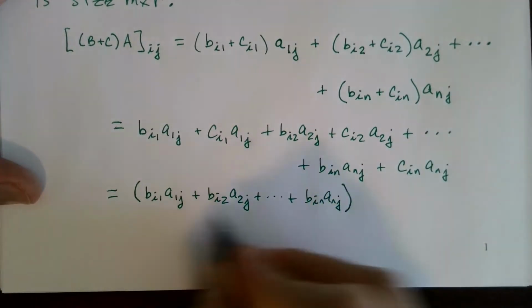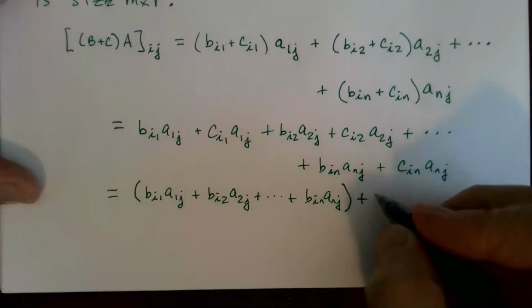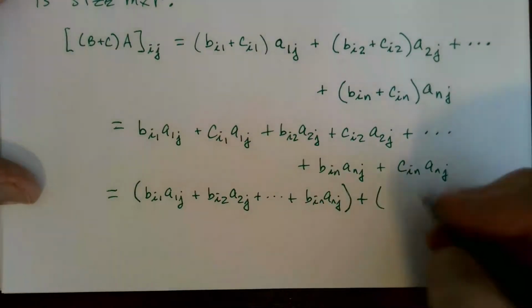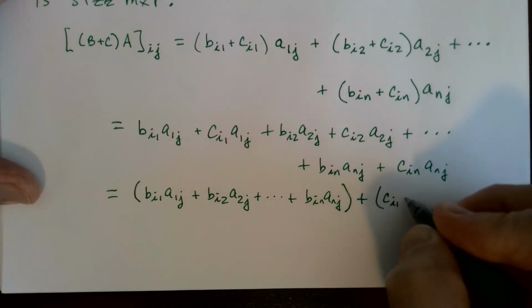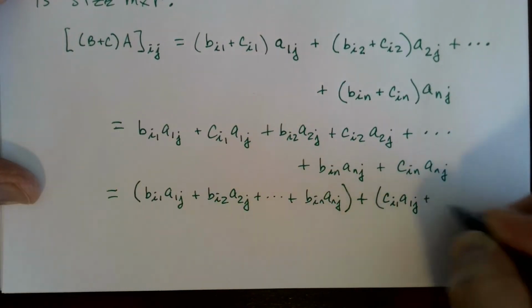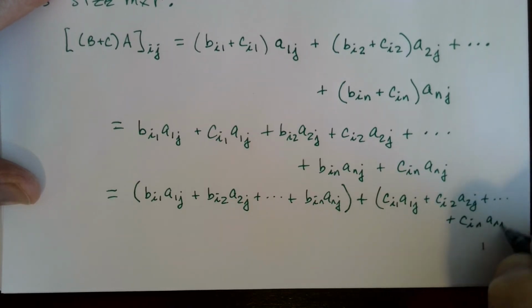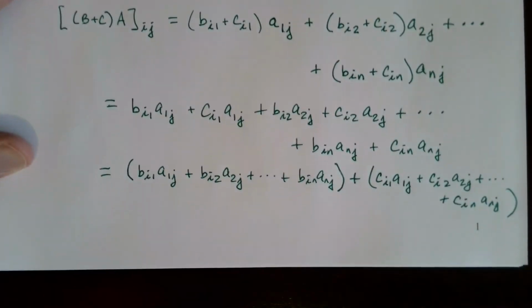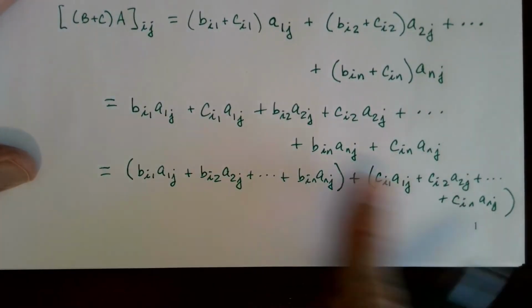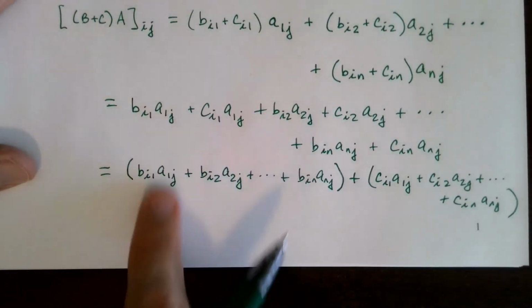Okay, so I kind of grouped all those together, plus the other group, which is just the CA combinations, if you will: CI1A1J plus CI2A2J plus dot, dot, dot again, and the last entry is CINANJ. Okay, so I've regrouped in this way. It's the same thing. That's all I've done is distributive property, just regroup.